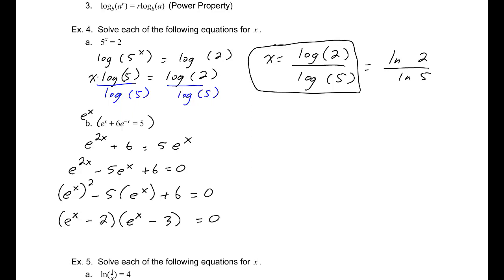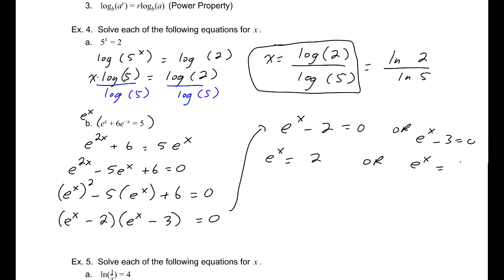Since that equals 0, this indicates that e to the x minus 2 equals 0, or e to the x minus 3 equals 0, which means e to the x equals 2, or e to the x equals 3. Taking the natural log, which will be very helpful here with a base of e, x is equal to natural log 2, or x is equal to natural log 3.